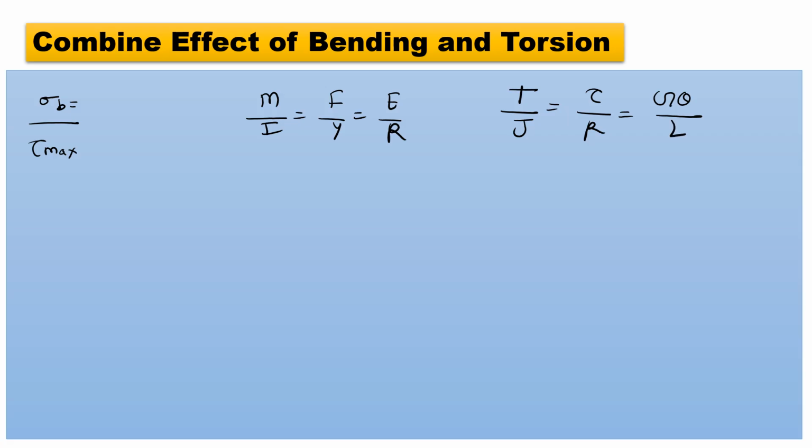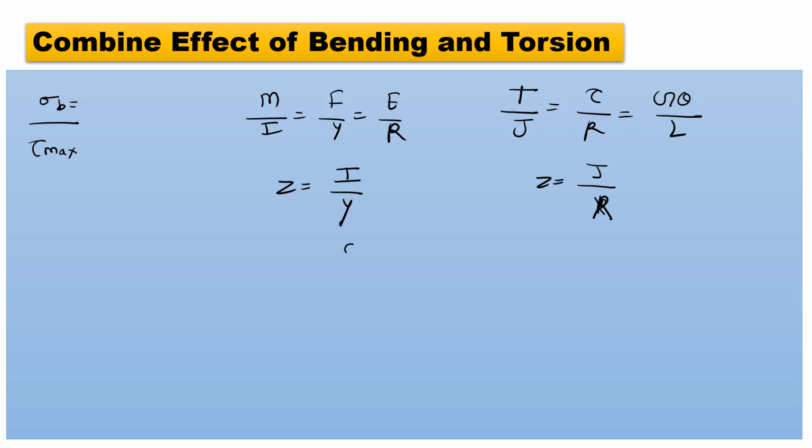But in the first case, in bending stress, the section modulus is related to the moment of inertia and Y max. In the second case, the section modulus is related to the polar moment of inertia and the distance R. Here they choose the distance between the neutral axis and the point where we want to calculate the torsional stress; the distance is R here. So the section modulus in the first and second case differs in the moment of inertia.